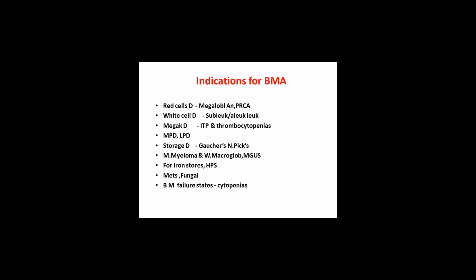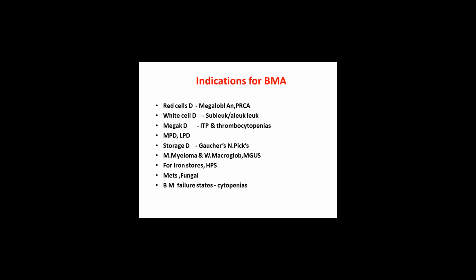So the indications are pretty much clear. There are some red cell indications. Depending on the line involved, we can divide them into red cell indications, white blood cell indications, or problems in the megakaryocytic lineage, that is the platelets, whether they are less, as in the case of ITP, or more, as in the case of essential thrombocytosis.